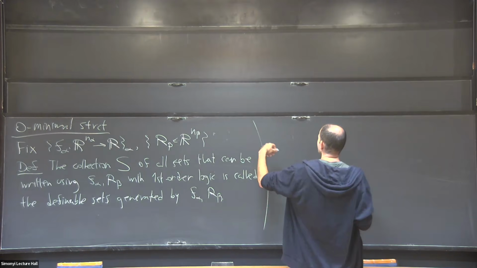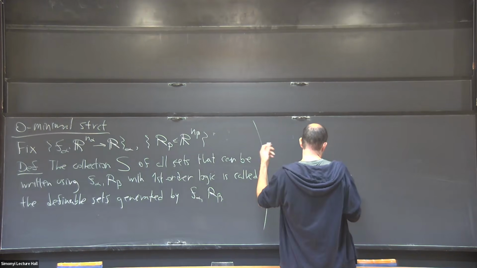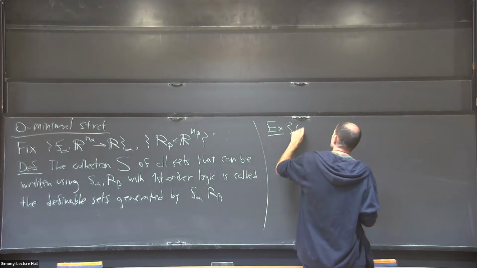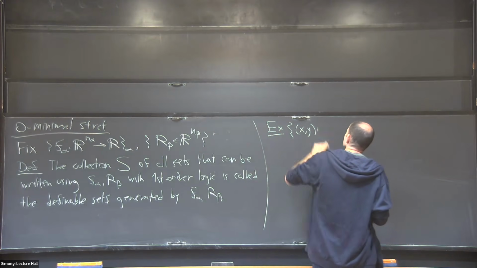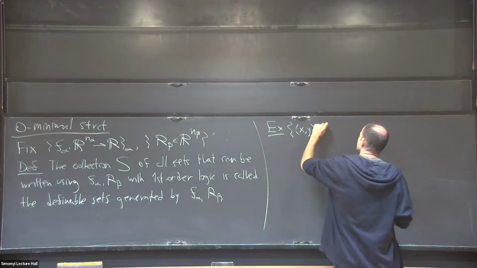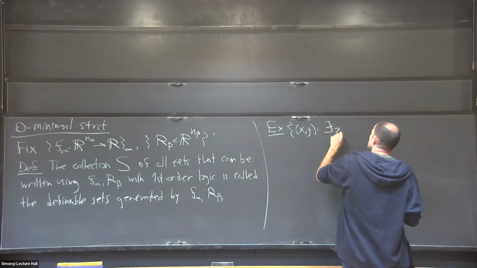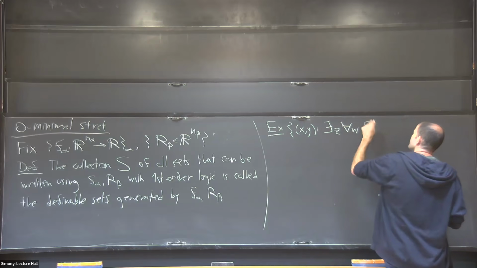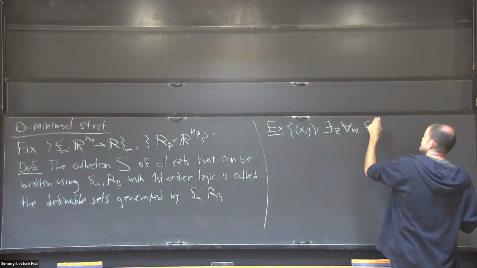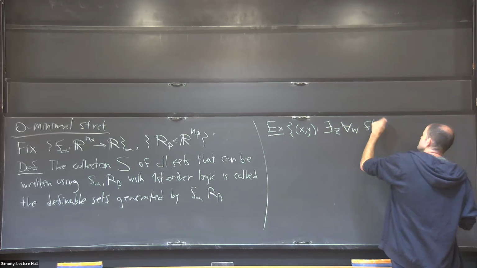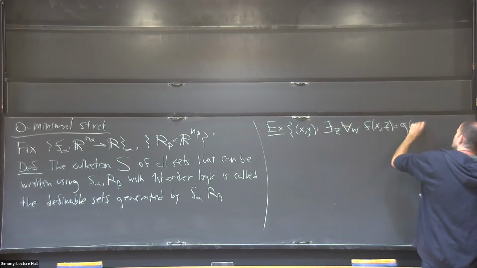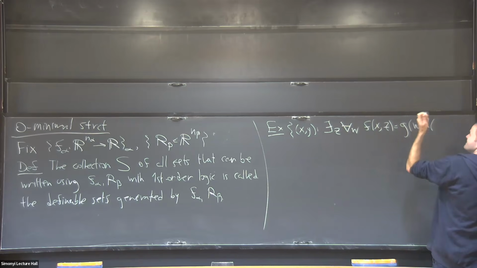Let's say I write: I want X and Y such that there exists a Z so that for every W, F of X and Z is equal to G of W and H of Y, something like that.